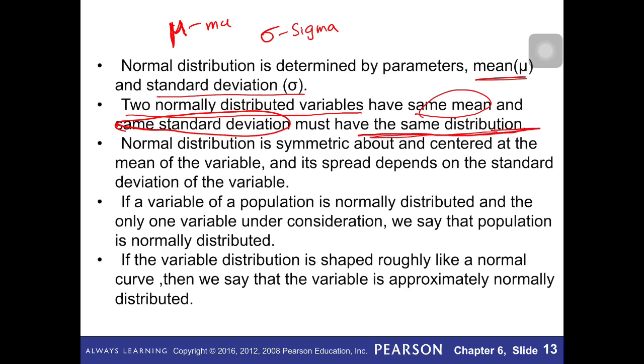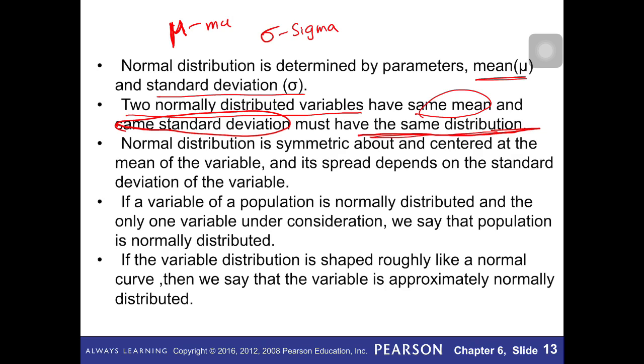Because mu and sigma are the major components of this distribution. They are the ones that change the distribution. If they are the same, then those two variables have the same distribution. That's the idea behind it.